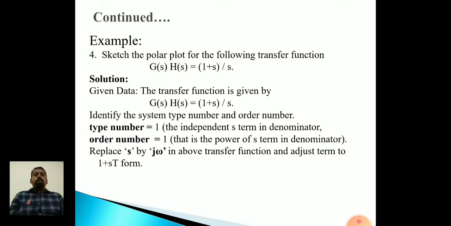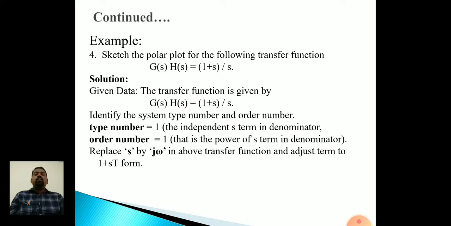Given data, the transfer function, write it down carefully, which is given by G(s)H(s) equal to (1 plus s) whole divided by s. So here once again identify the system type number and order number. Already we have discussed why type number, order number are required. In the earlier examples the type number was 0, but in this one the type number is 1.